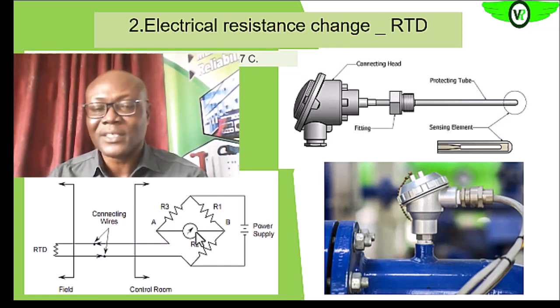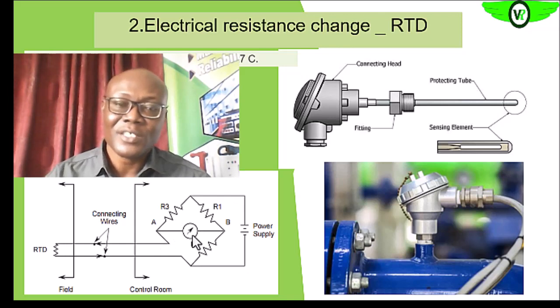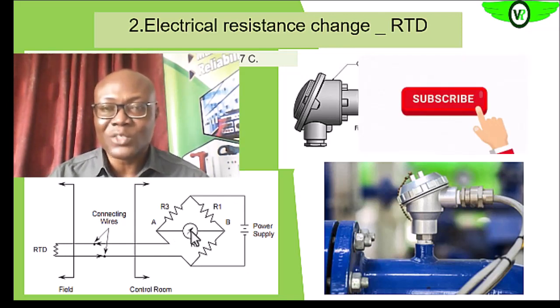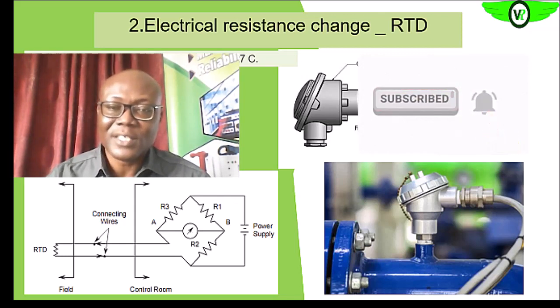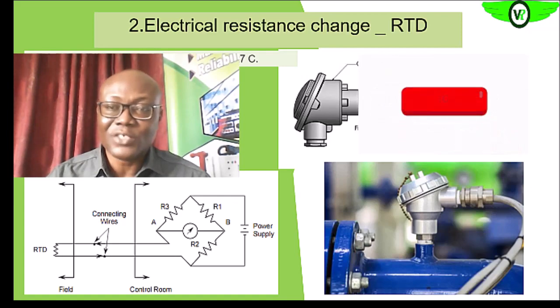That could alter the balance of the Wheatstone bridge as the resistance is changing, and that can cause the generation of voltage, whose magnitude is dependent on the magnitude of the temperature that the RTD is exposed to.